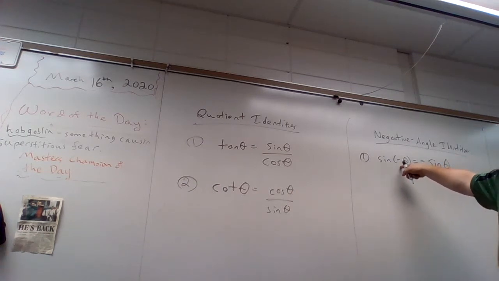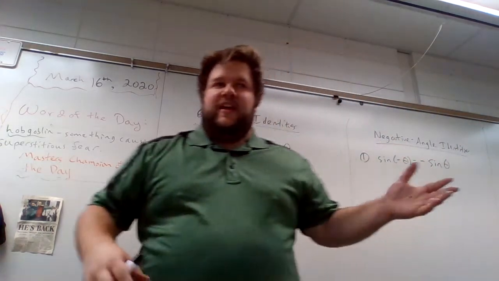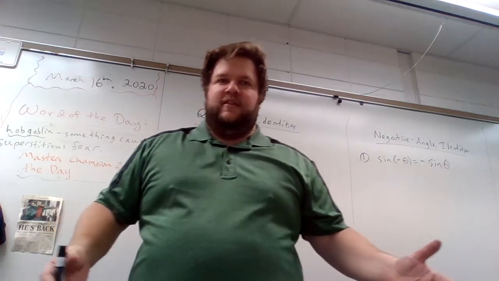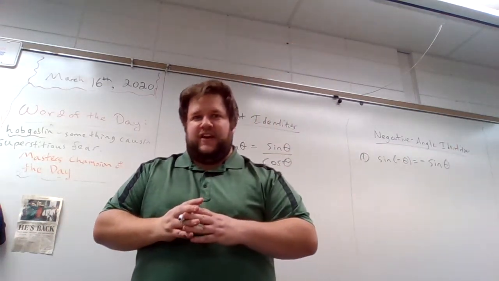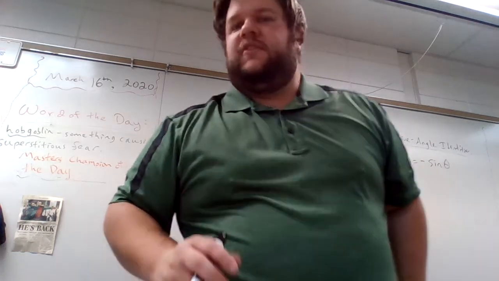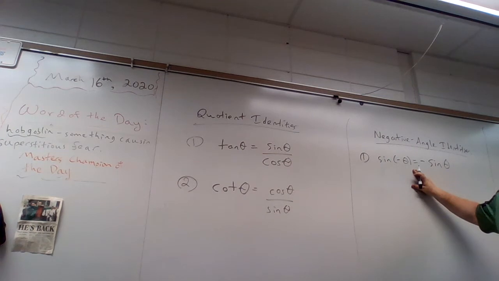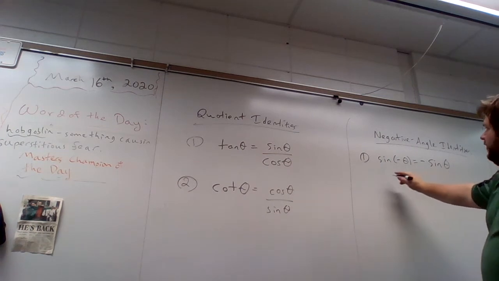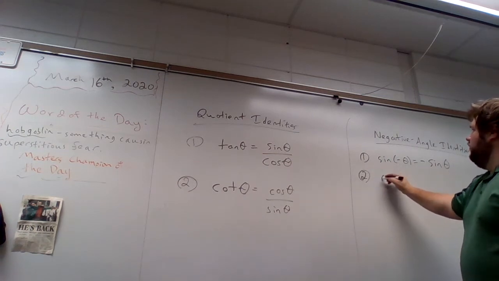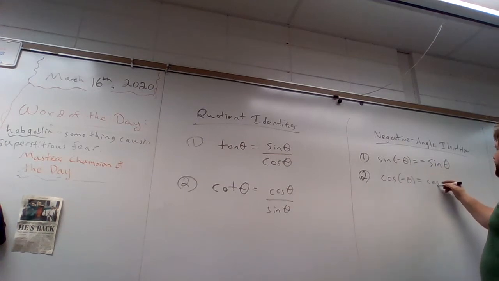So if I was doing the sine of negative pi over 3, that's equal to negative sine of pi over 3. We're using that symmetry of our unit circle. This also means that sine is an odd function. Cosine of negative theta is equal to cosine of theta.